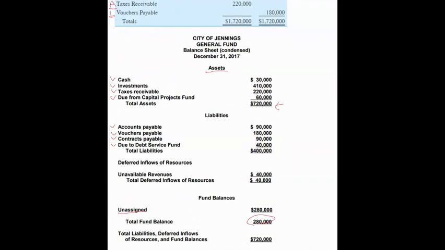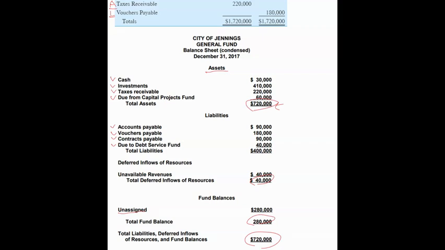All right, so after we plug that in, then the total liabilities, deferred inflows of resources, and fund balance in total, that's 720,000. Agree with the total assets, so it's balanced.